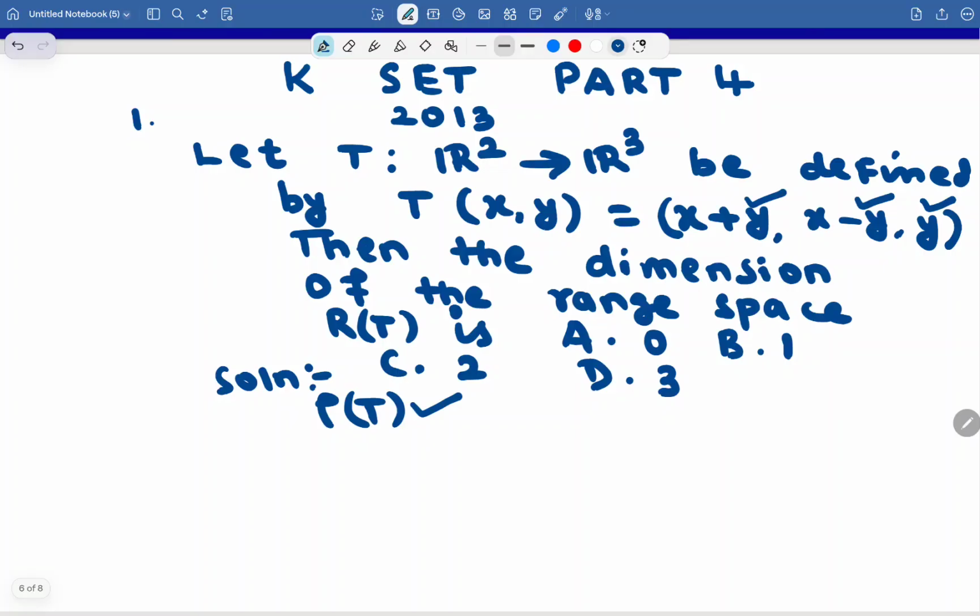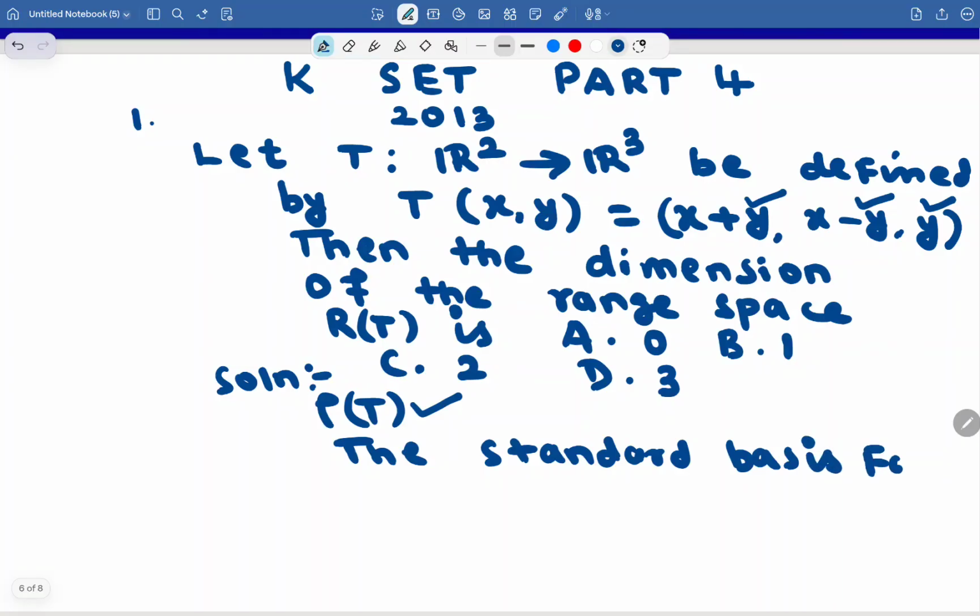Since T maps from R square to R cube, the standard basis for R2 is 1, 0 and 0, 1.